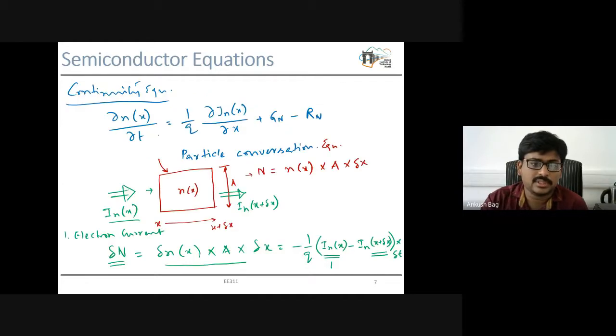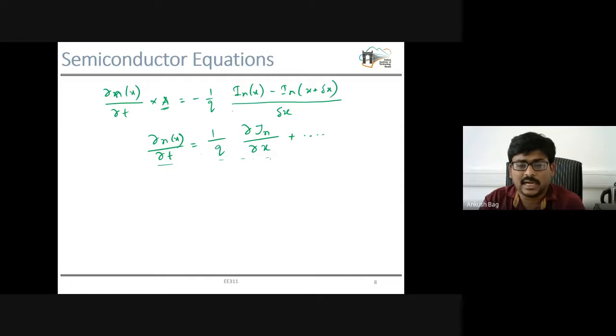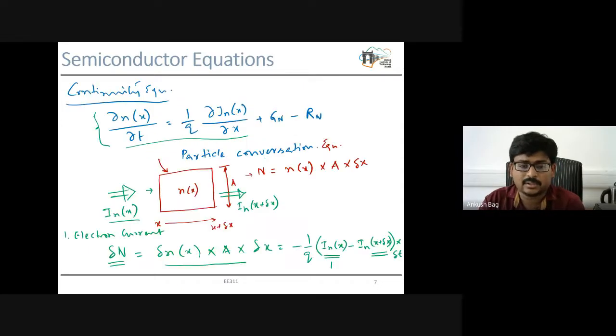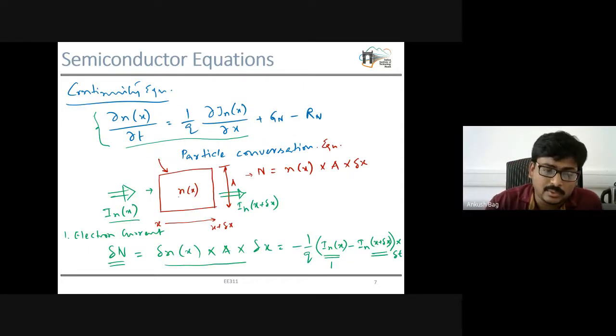Now this was our continuity equation for electron, and we already got this portion of our equation. Now what are the other factors, because as we started to discuss, the processes which will alter the total electron number here: one process is the electron current, electron current going in and going out.